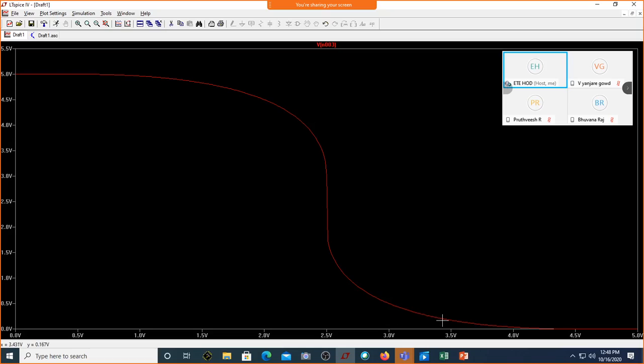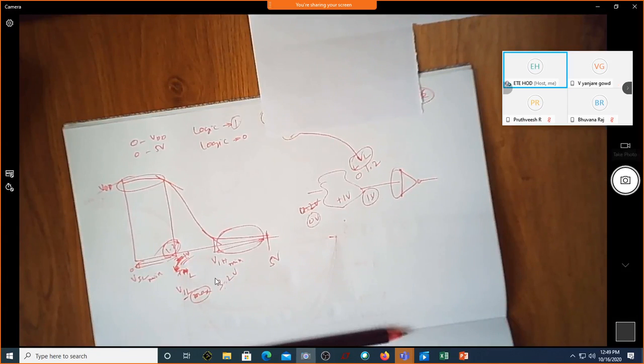Can you see, it's almost somewhere around 3, here it is almost 3.5. Anything beyond 3.5, it's almost 0 volt. Of course, maybe here it is 0.2, 0.3, but it is fine. Is that correct? Yes, sir. Can I consider around 3.4? Any voltage beyond 3.4 till 5 volt will be considered as logic high. Is that fine?